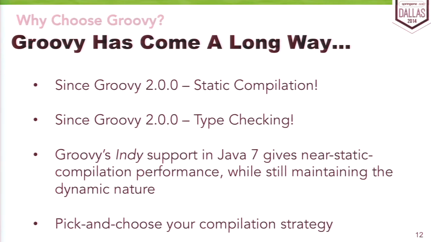We lose some of its dynamic nature because we've decided we just want to leverage the sugar. We don't want to leverage any of the meta object stuff that goes into it. With Indy support, we can leverage all the great stuff, and we can still get near static compilation performance. This is basically the only way to run Groovy nowadays, in my opinion. So consider that going forward.